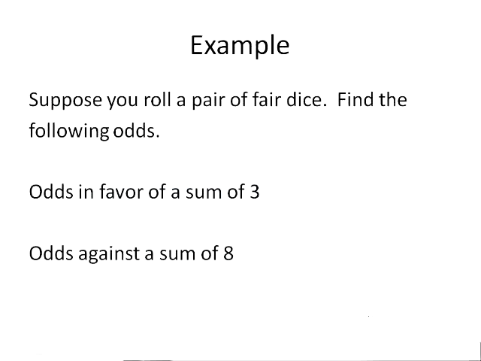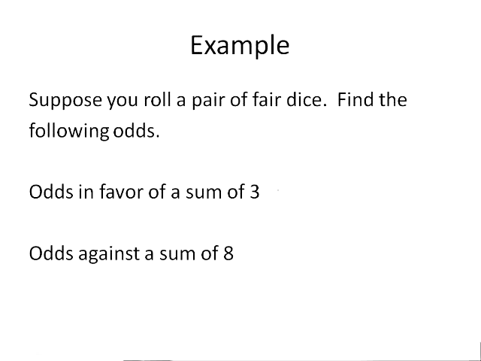Now suppose you roll a pair of fair dice. We're going to find the following odds. We want the odds in favor of a sum of 3. Now once again, we are looking at this as a comparison. So how many add up to a sum of 3?